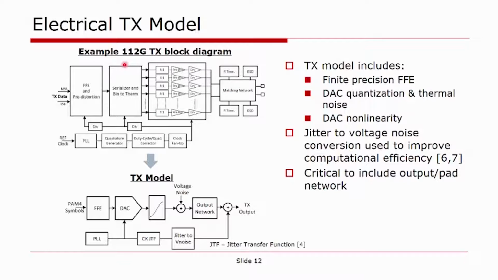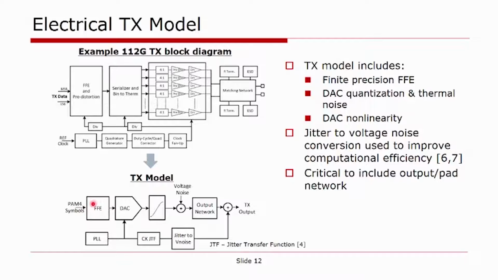So the picture on the top is a block diagram of an actual high-speed transmitter implementation, including everything from equalizers, serializers, details of the clock distribution, and the output driver and matching network. In the model, we abstract a lot of these details into a few blocks.